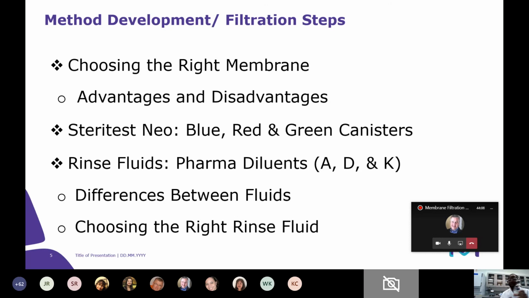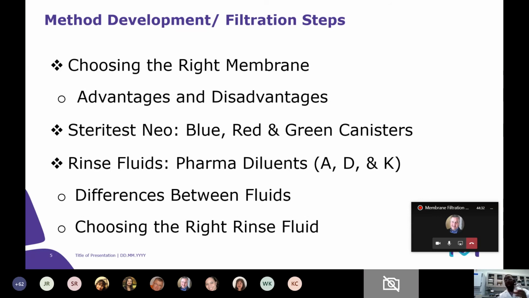So you want to choose the right diluent. You may not see the difference in the filtration, except obviously if you need IPM, but it's going to come in handy during recovery, because if you use the right diluent, your recovery will be better.